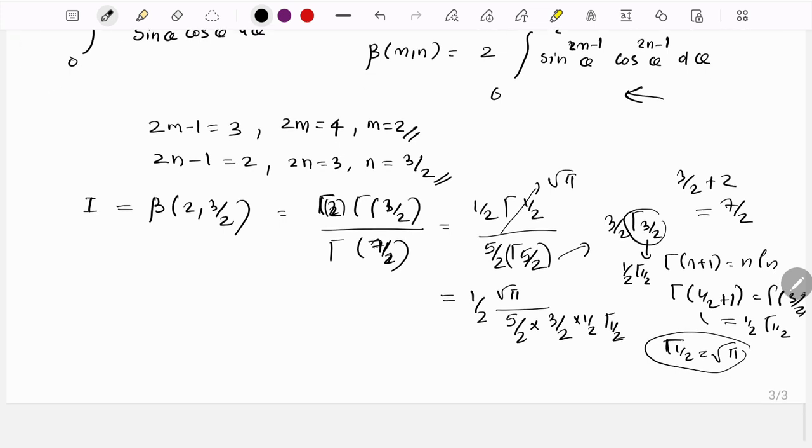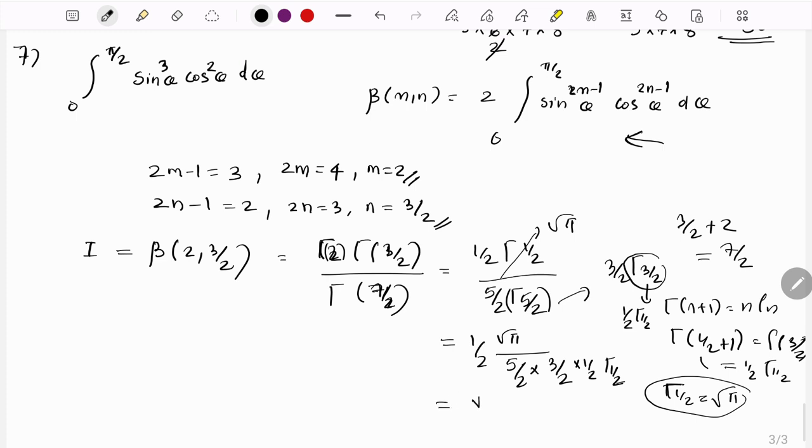So this is equal to root pi divided by 5 into 3 into gamma of 1 by 2, that is root pi, over 2 into 2 into 2.